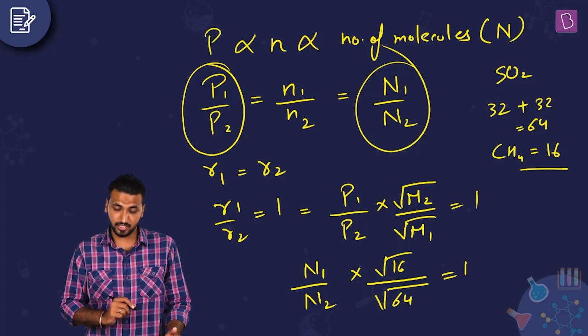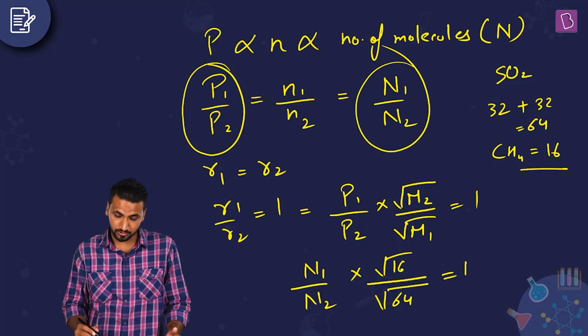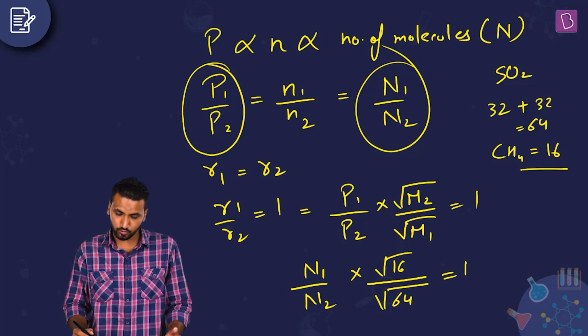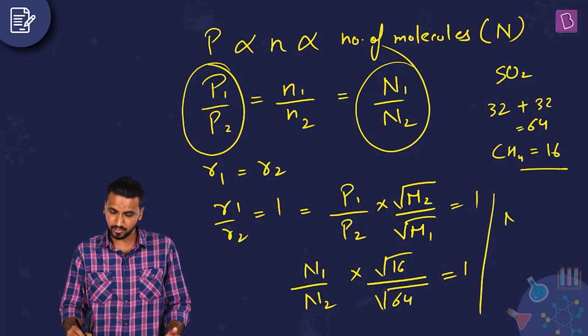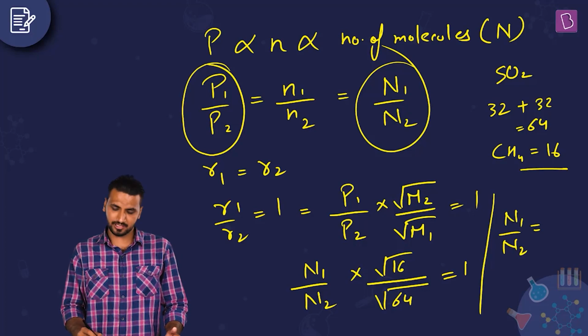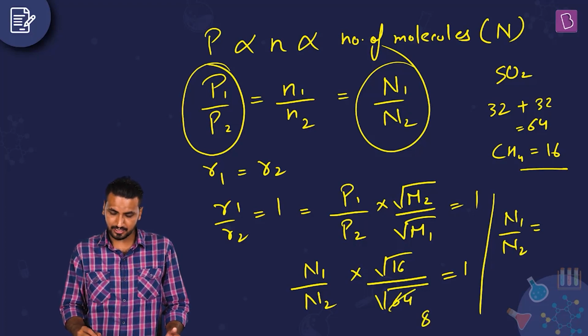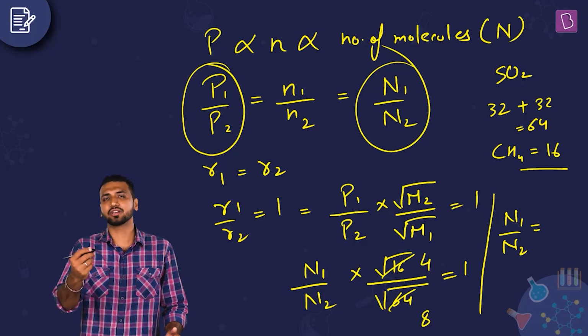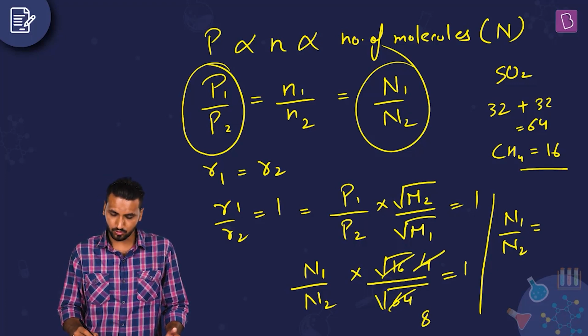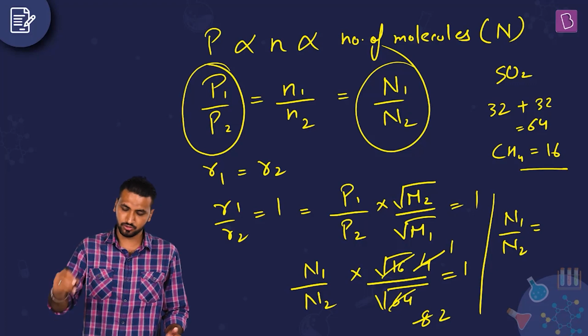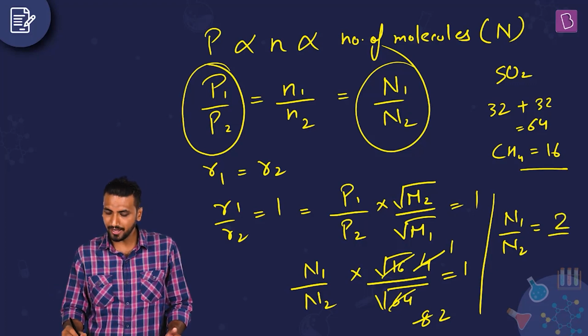Thank God we are not going to have trouble with the under root values. These are perfect squares. So the N1 by N2 value is going to come out to be under root 64, which is 8, and under root 16, which is 4. I'm not cancelling it, so this is like 1 and this is like 2, and if it goes on the other side, 2 by 1.